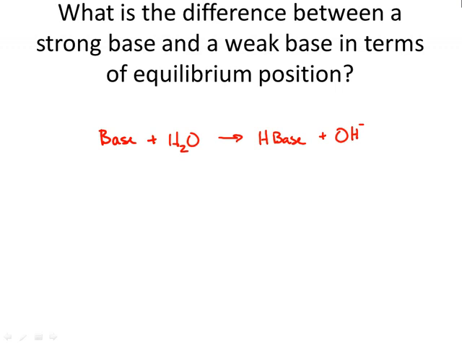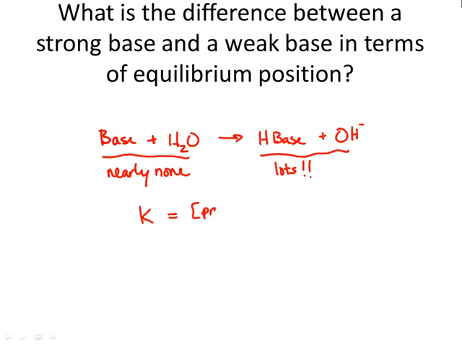And by completely, we mean that there is lots of product, and really nearly none, if not none, of reactant. And so if we think about what we know about equilibrium constants, K is the concentration of my products over the concentration of my reactants.